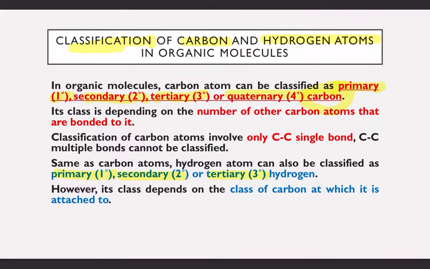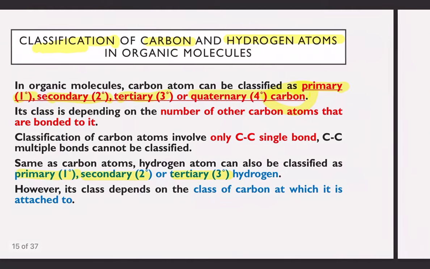Okay, so how do we classify them? For carbon, you are going to look at one carbon and see how many carbons it is attached to. Depending on how many carbons it is attached to, that will be its class. For hydrogen, it depends on the class of your carbon. So if you want to classify your hydrogen, you first have to classify your carbon atoms.